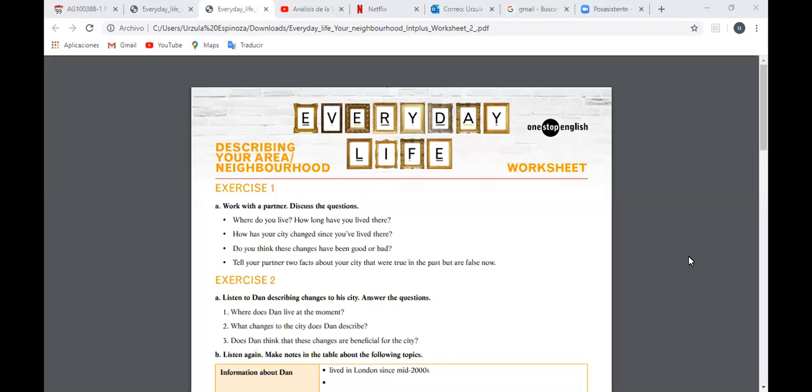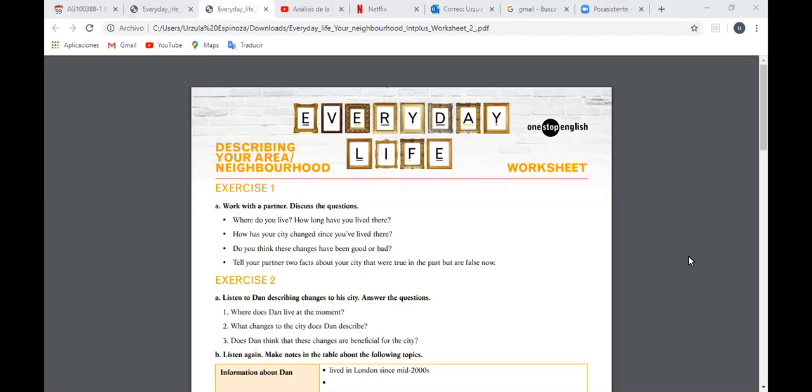Are you ready with the 3? Can you finish? Do you think these things have been good or bad? I don't know how to say it, but I want to say there are more schools. Like in one block 5 were built.